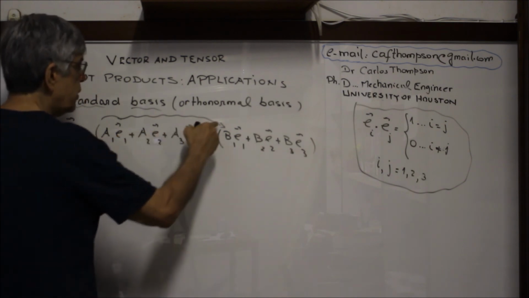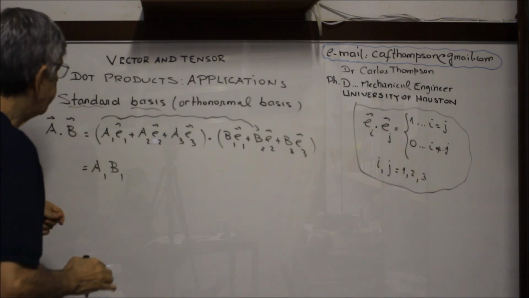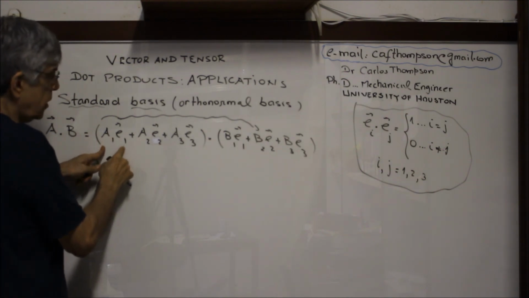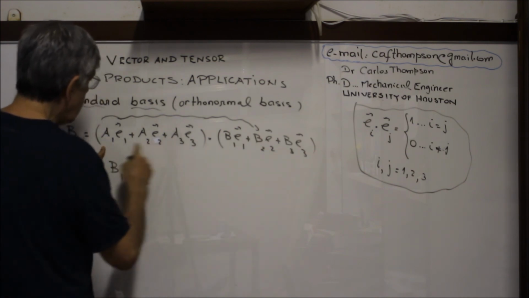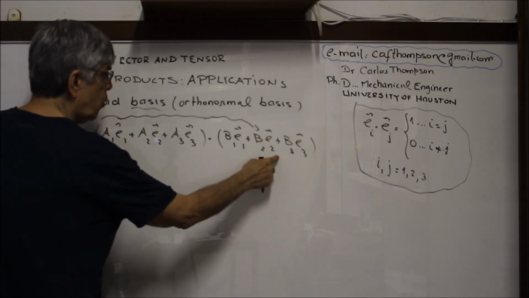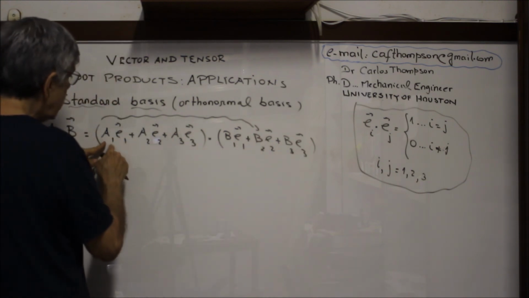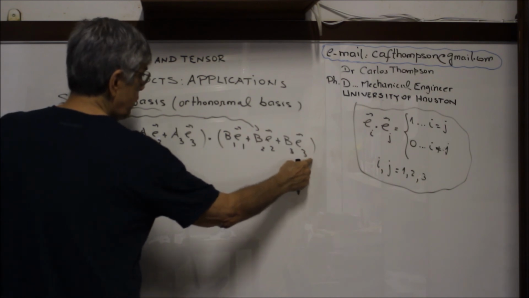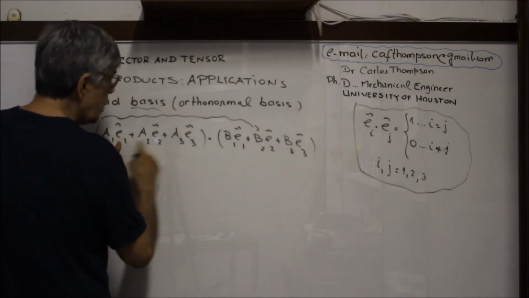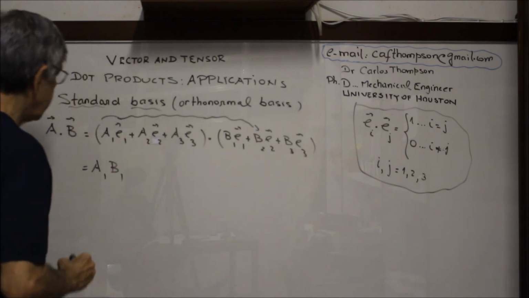Now, A1 E1 dot B2 E2. So E1 dot E2 will be 0. Likewise, A1 E1 dot B3 E3, because E1 dot E3 is 0. So this is A1 B1.